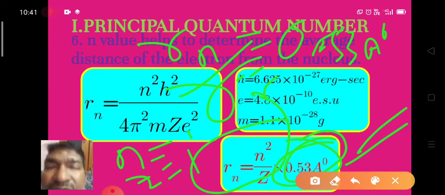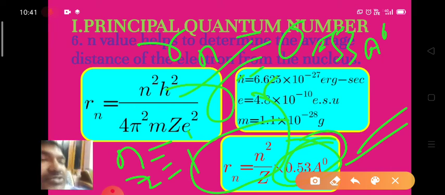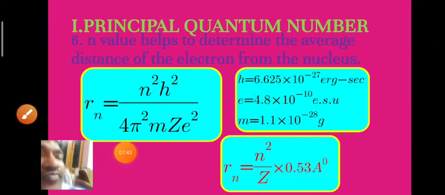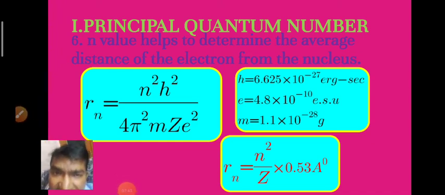Like that they give the questions. And this is a very simple method to calculate the radius or sizes of the main energy levels or shells. As the radius increases, the size also increases. So principal quantum number tells about the size and radius of the main energy levels.